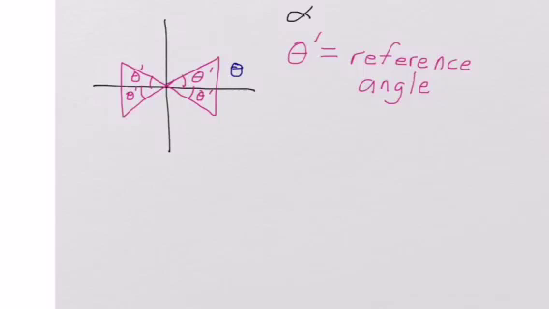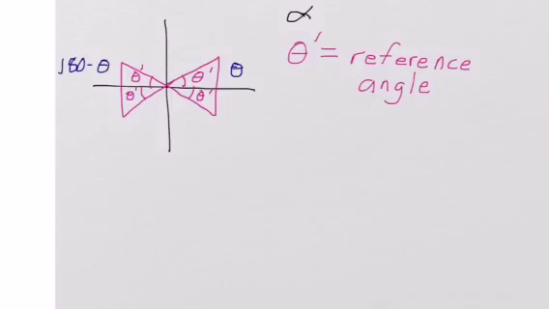In the second quadrant, going all the way around to the negative x-axis is going to be 180 degrees. So we need to subtract off the portion only going to the terminal edge. So that's going to be 180 minus theta.